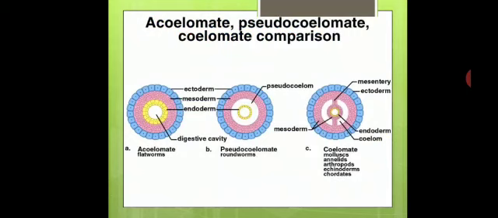Pseudocoelom means it is lying inside the external body wall, which is present in roundworms. And if you see this last one, coeloms or eucoeloms, they have this coelom on either side. In between you have a space cutting the coelom, that is the body cavity, that we call a mesentery. Is it clear, children?